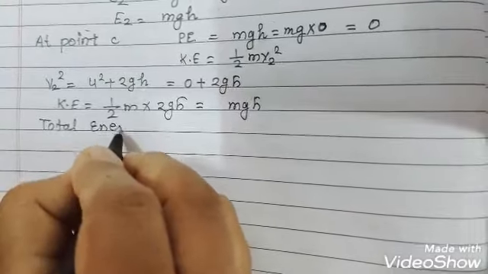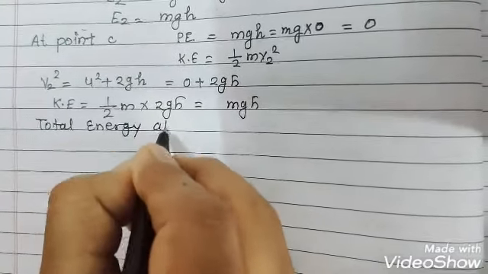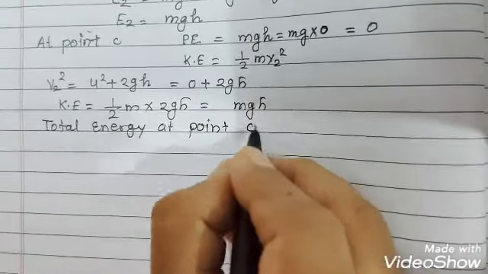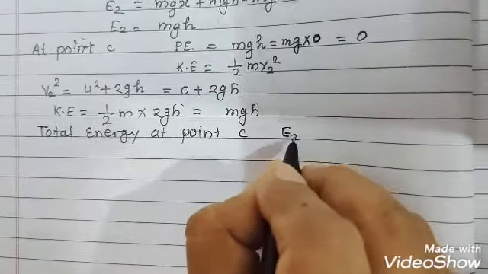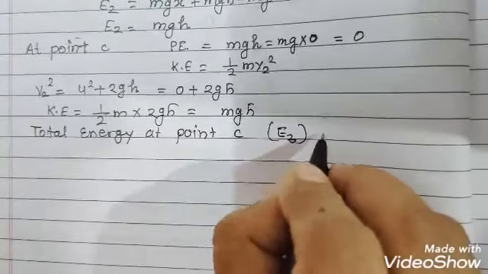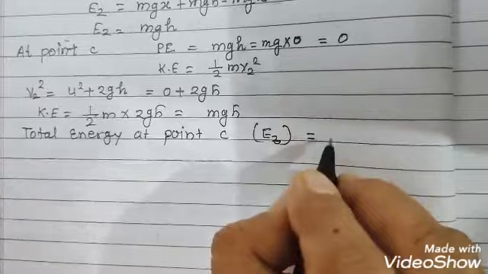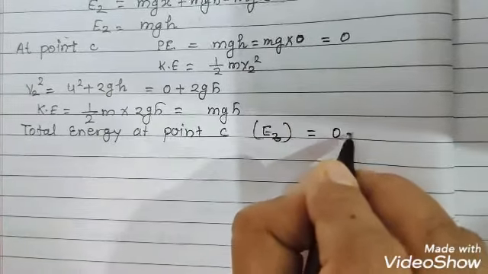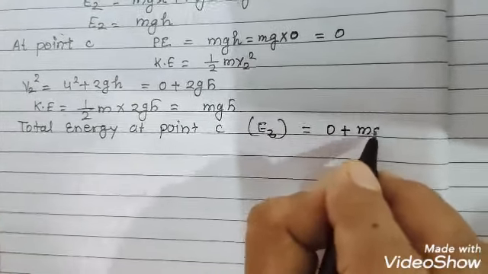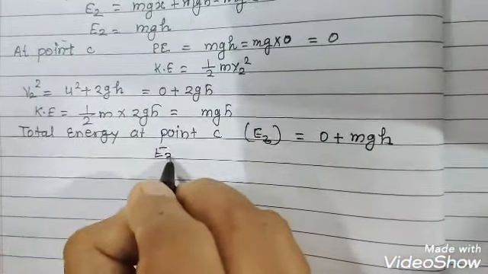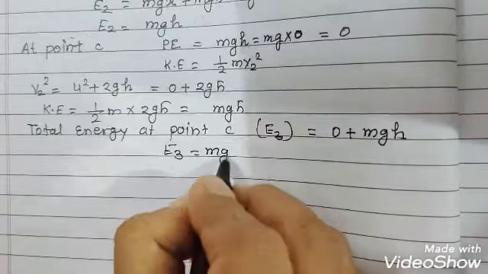This is the total energy at point C, equal to E3, consider it. So it is equal to the sum of kinetic energy and potential energy. Potential energy is 0 and kinetic energy we have calculated as mgh, so E3 is equal to mgh.